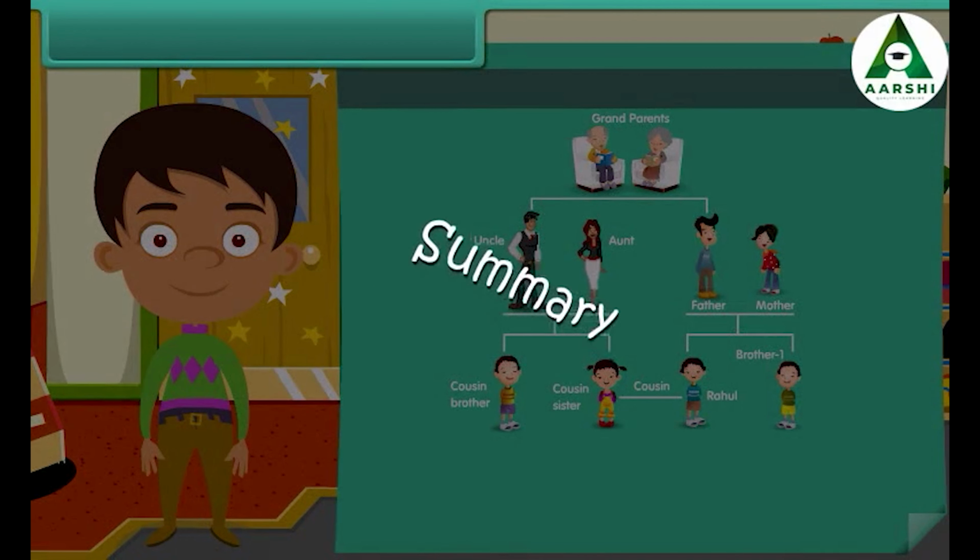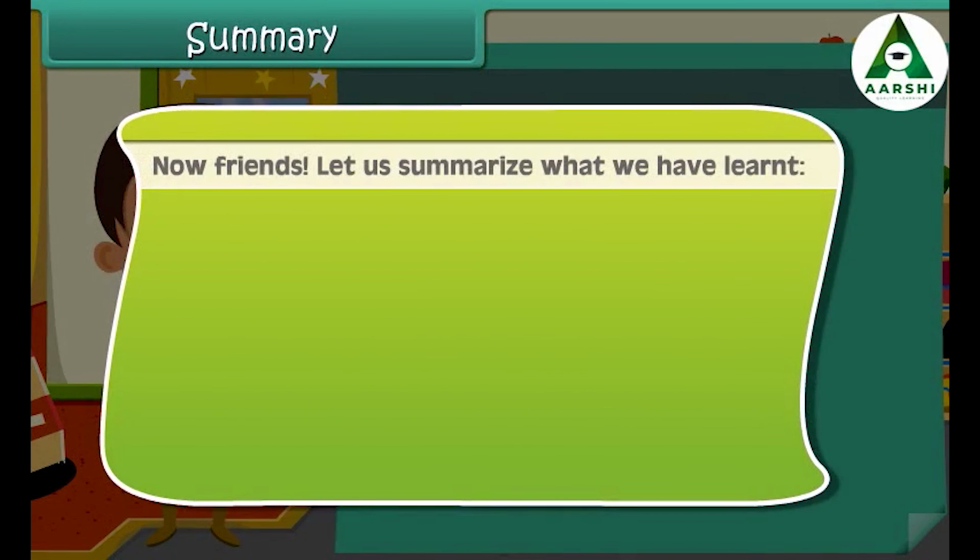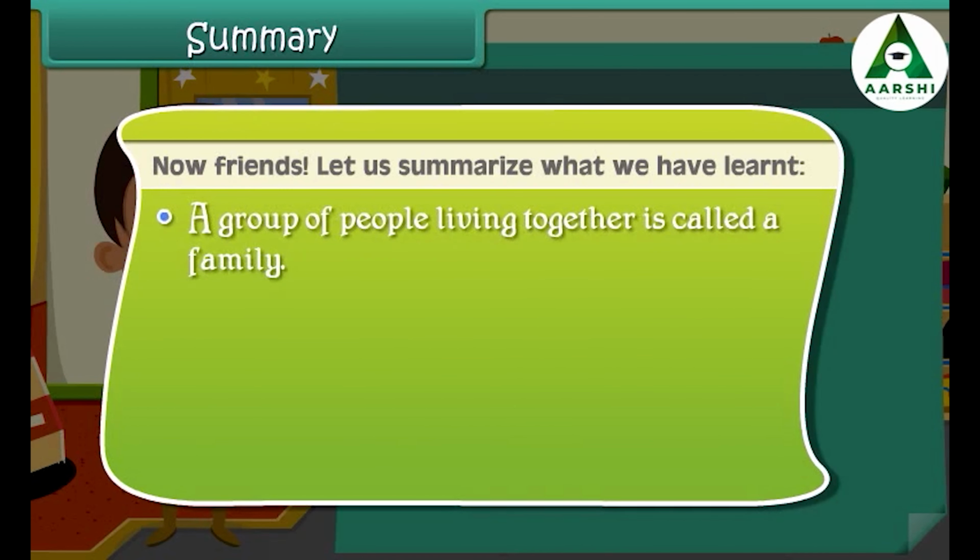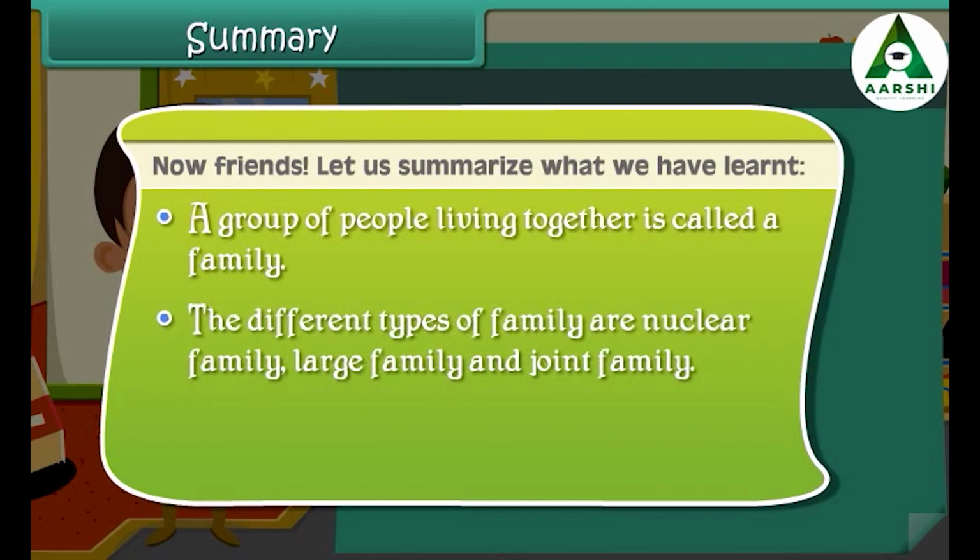Summary. Now, friends, let us summarize what we have learned. A group of people living together is called a family. The different types of family are nuclear family, large family, and joint family.